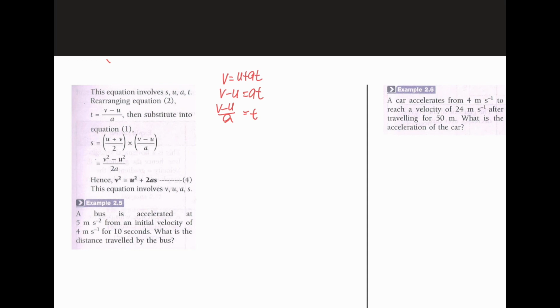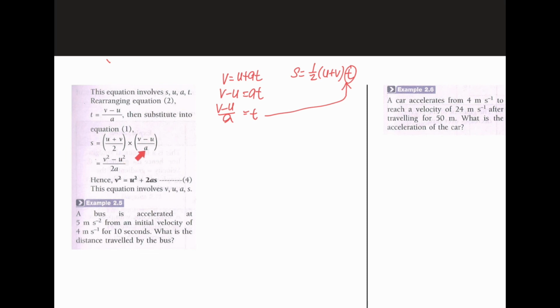So once you get this, then you substitute into equation 1. Equation 1 is s equal to 1 over 2 u plus v times t. You substitute here. So when you substitute this inside, then you get this.